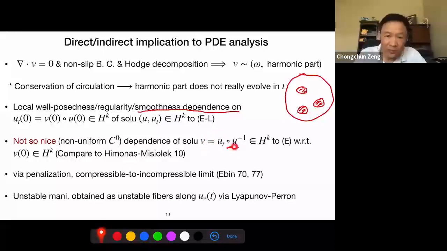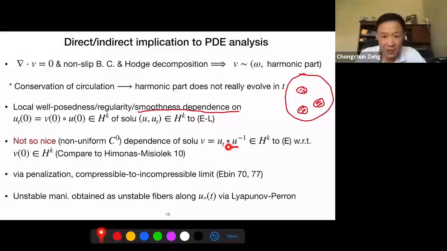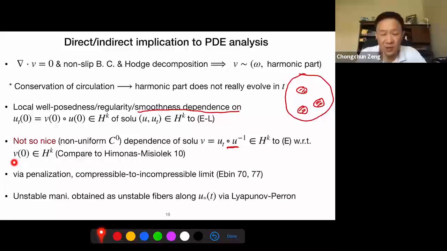It is well known that for the Euler equation in the Eulerian formulation, in the metric H^k, when you change the initial data, the solution is continuous in the initial value in H^k, but not uniformly continuous. That was proved some years ago by Himonas and Michalek.